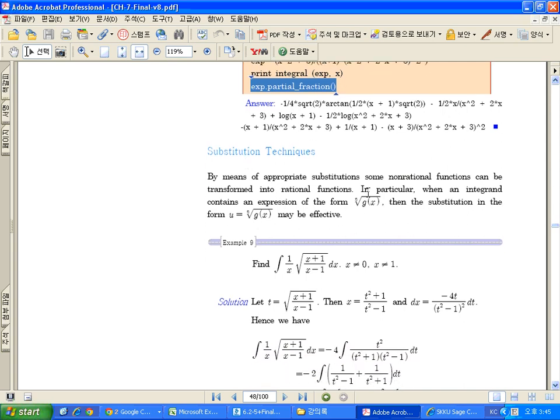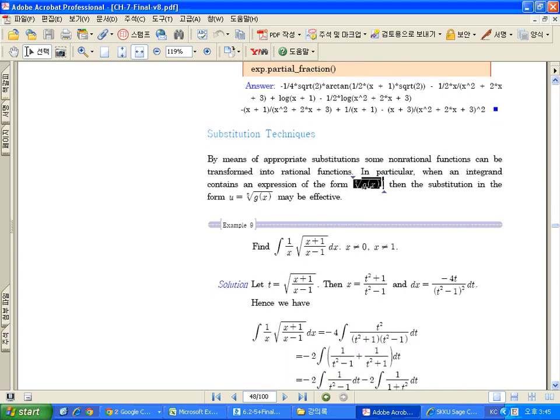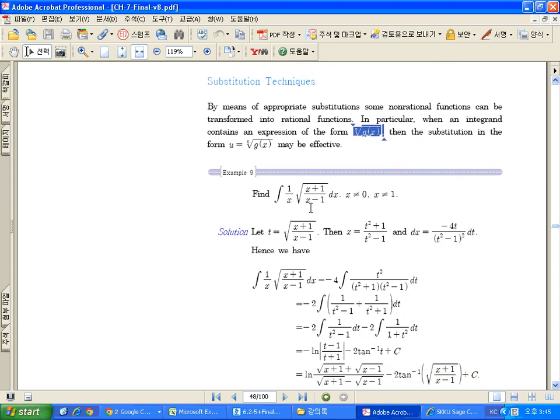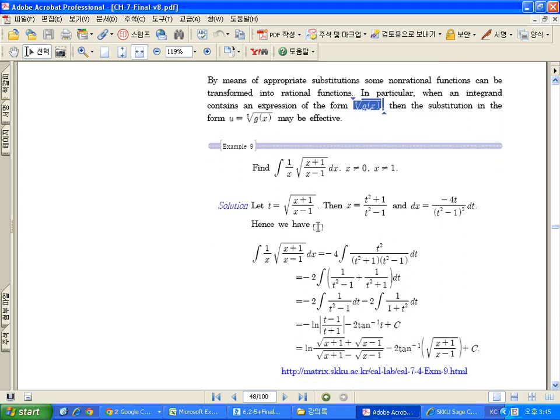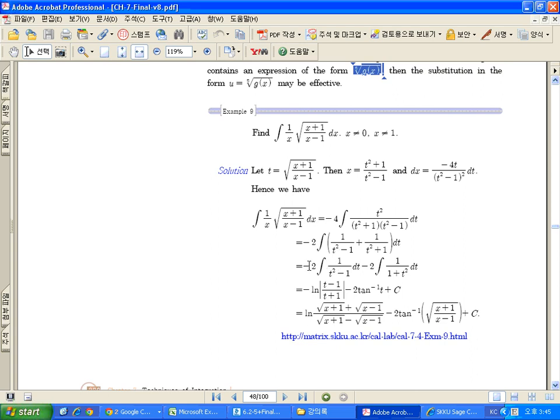Also, there are substitution techniques. For functions like this, you need to substitute to make a simple form like this. If you substitute this square root part as t, then x can be written in this way, so dx can be found in this way.